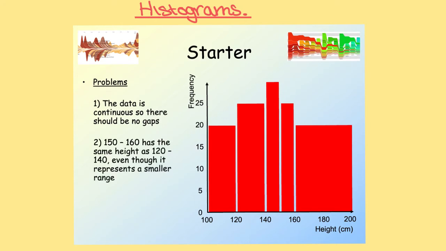Heights 150 to 160 has the same height as heights 120 to 140, even though it represents a smaller range. A histogram will correct both of these problems.